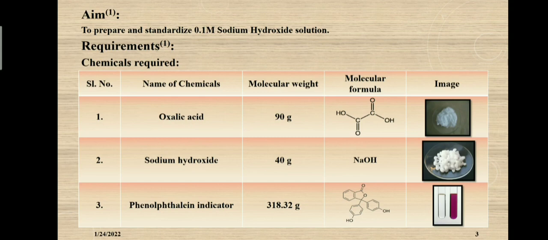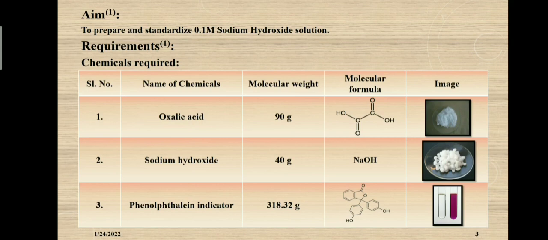The end point is detected at the end of the titration using an indicator. The indicator is the auxiliary substance used to detect the end point of the titration. The solution of known concentration is known as the standard solution.